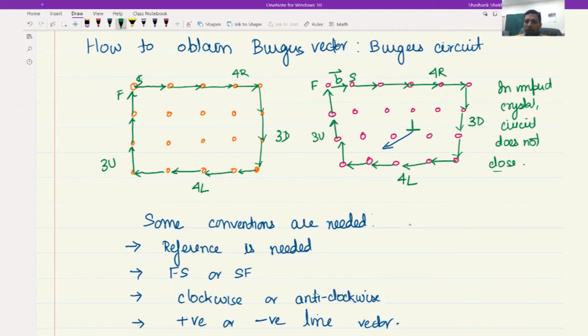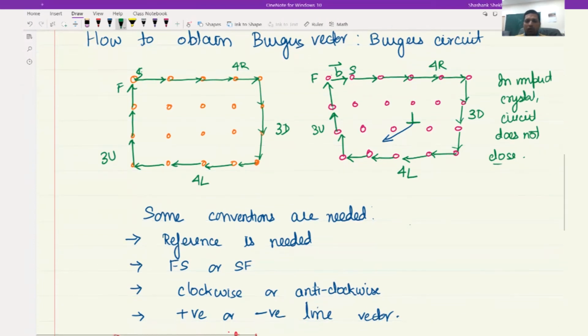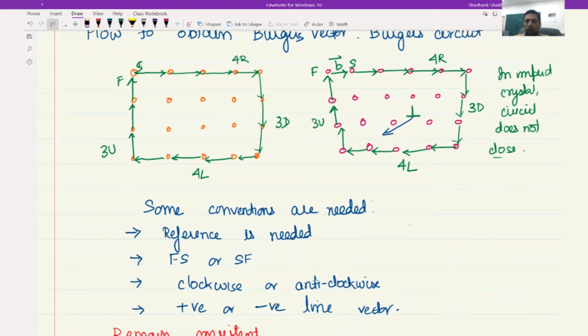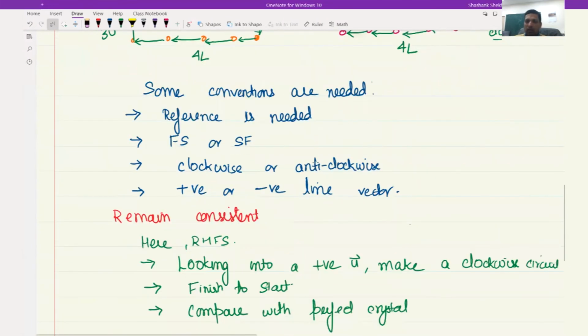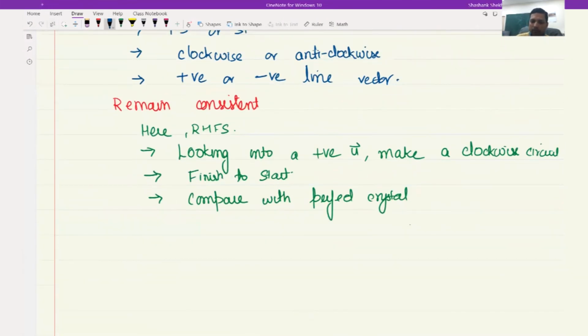And the answer would be no. You would get a different Burgers vector. So the Burgers vector definition is dependent upon how you define the line vector. So in that sense, the positive and negative edge dislocations are physically the same.